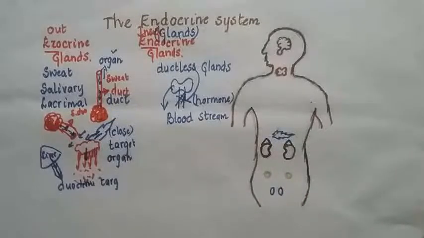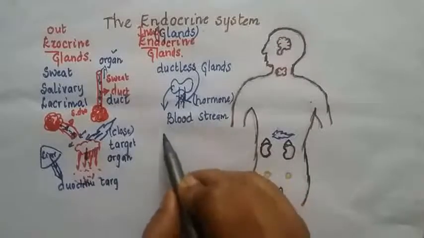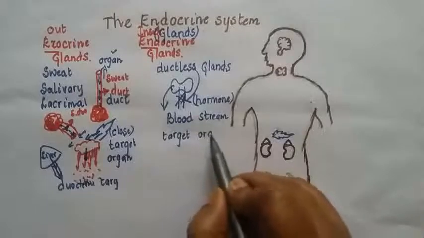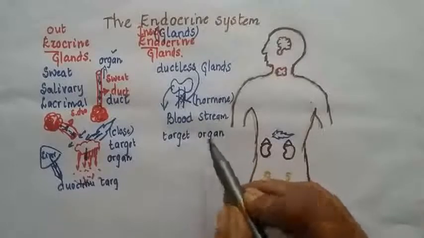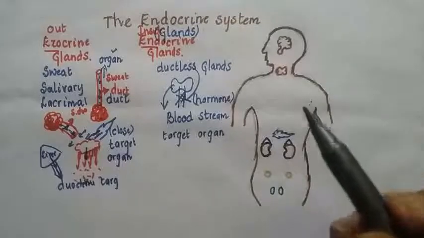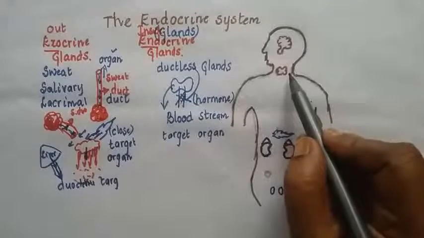Okay, children. Now, they have their target organs in which they have to bring about a change which is very, very far away from their source. Now take an example. We have a thyroid gland in the neck region, right?